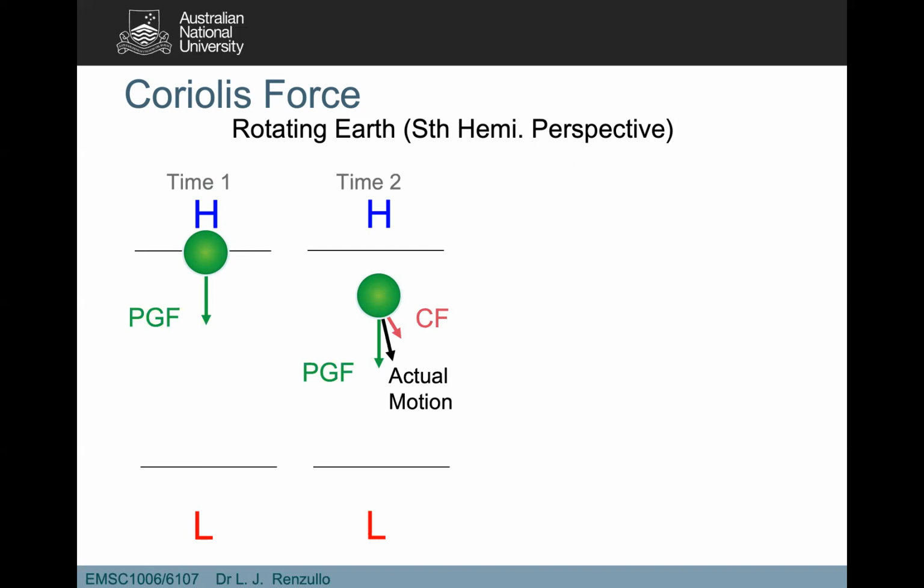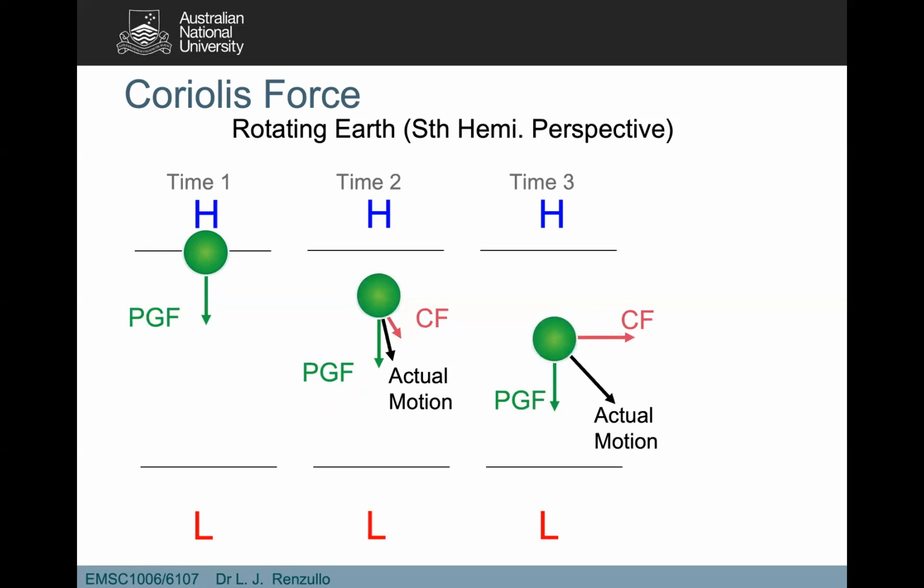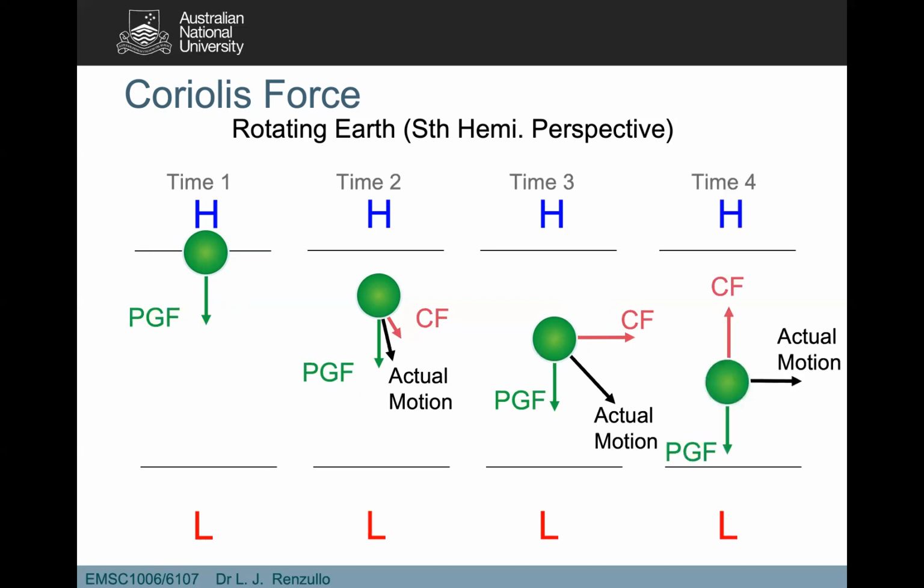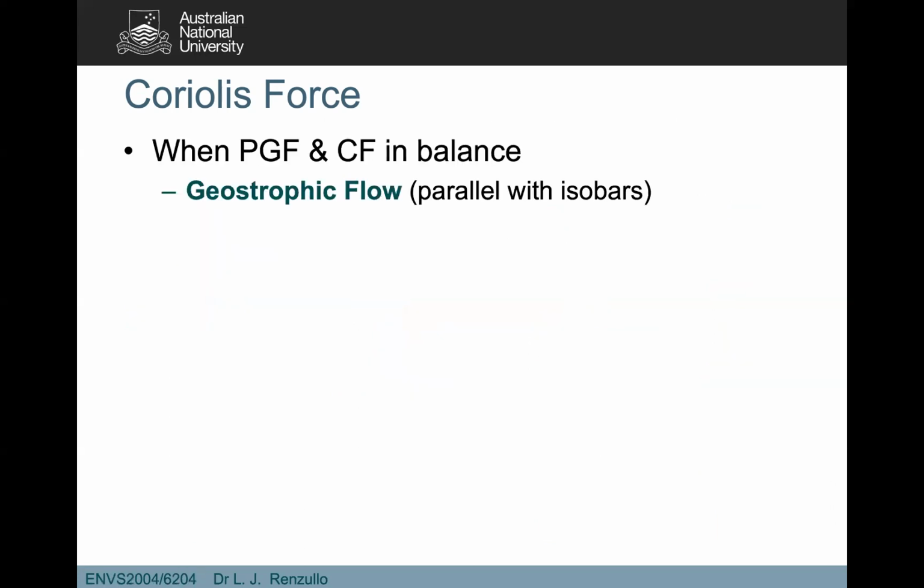So the resultant forces, if you know about resolving vector fields, is that Coriolis is deflecting to the right, which is actually to the left, directly left of the direction of motion. In the next time slice, the pressure gradient force is becoming a stronger contribution to the actual motion, until eventually Coriolis balances the pressure gradient force and the actual motion is parallel to the isobars.